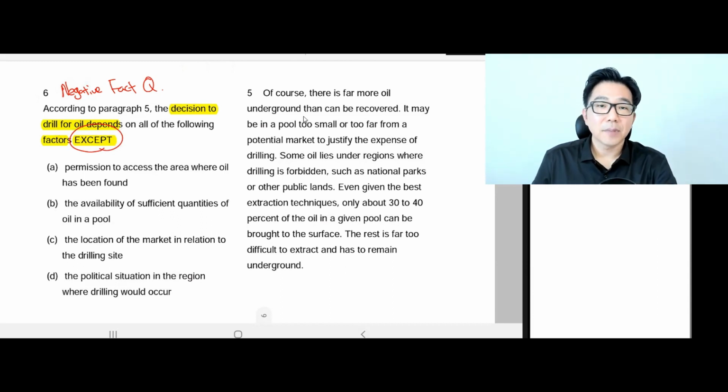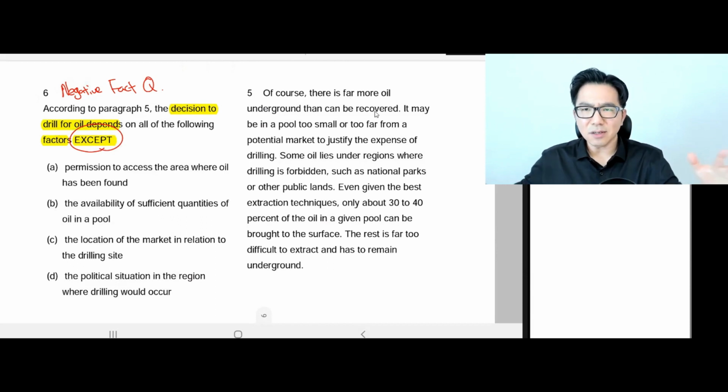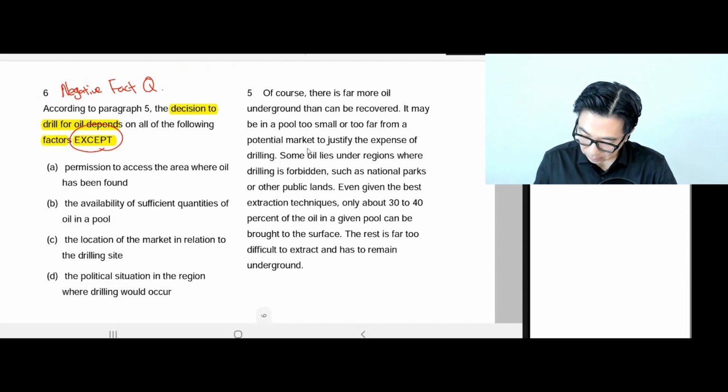Let's find it. Paragraph 5. Of course, there's far more oil underground than can be recovered. So still, there is oil underground that we can pump out. It may be in a pool too small or too far from the potential market. Okay, so there are 2 points here. They're separate.